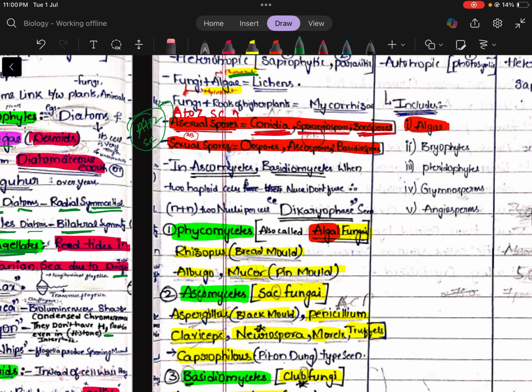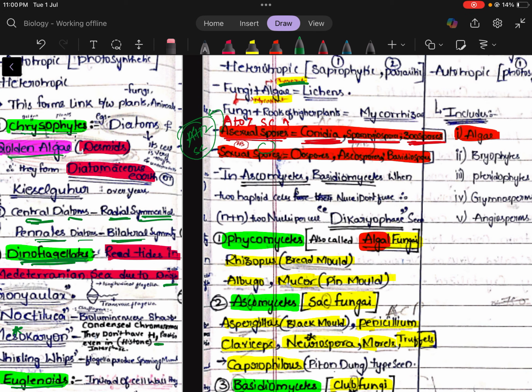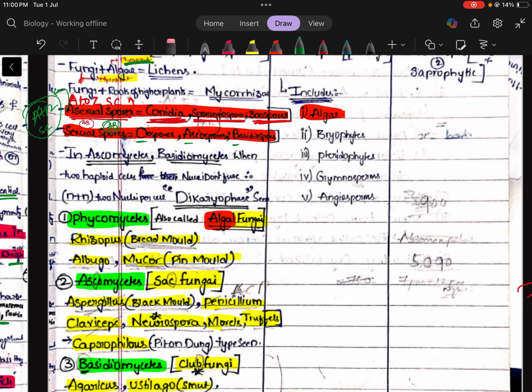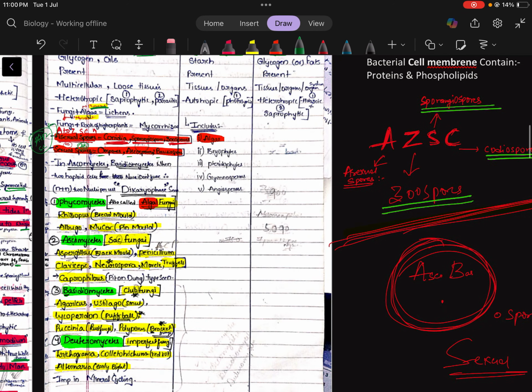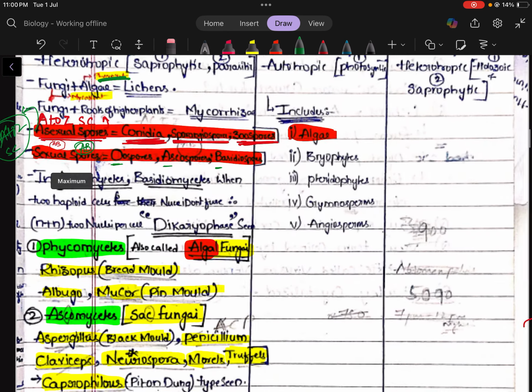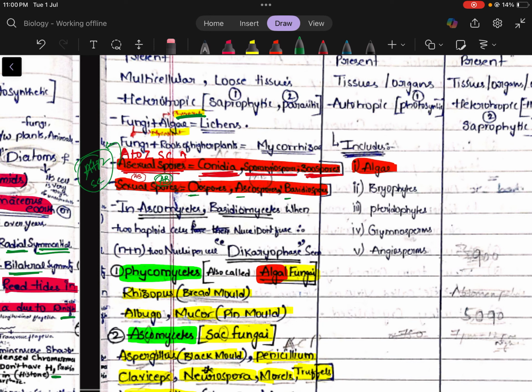Sexual spores: you can just remember like this, OAB. That means O for oospores, A for ascospores, B for basidiospores. These are sexual spores. So they may ask you which one of the following is an example of sexual spores. They will give all these options.